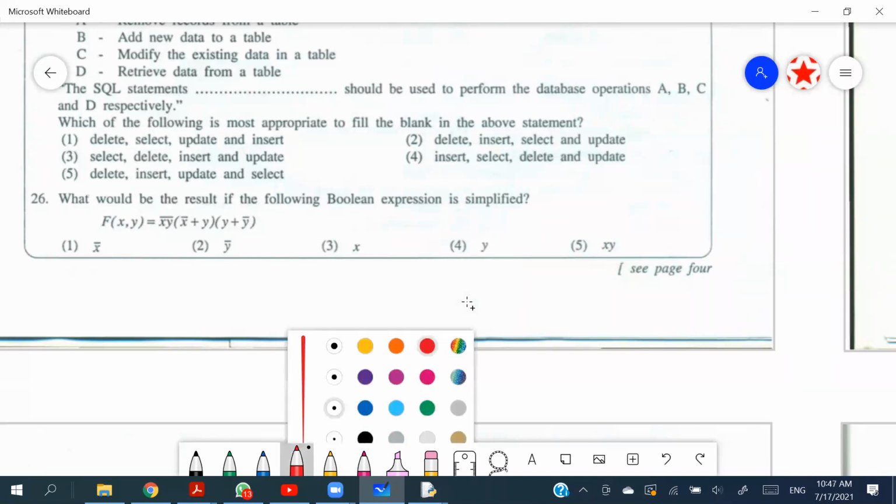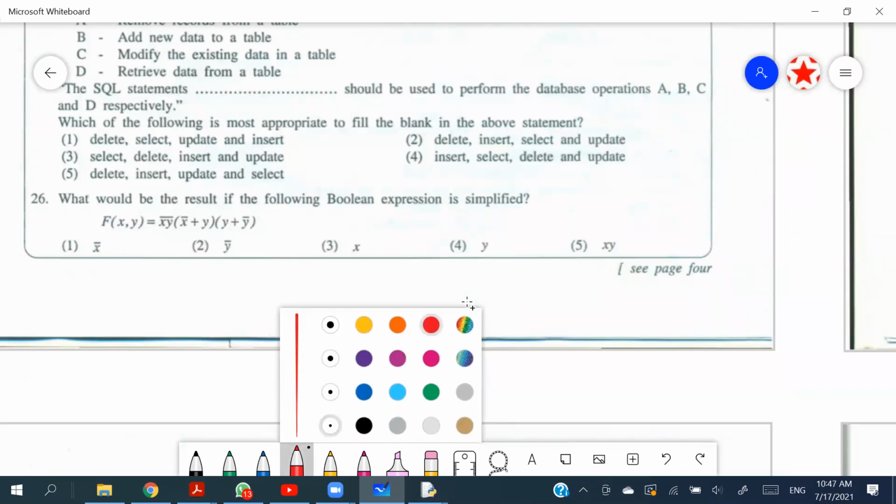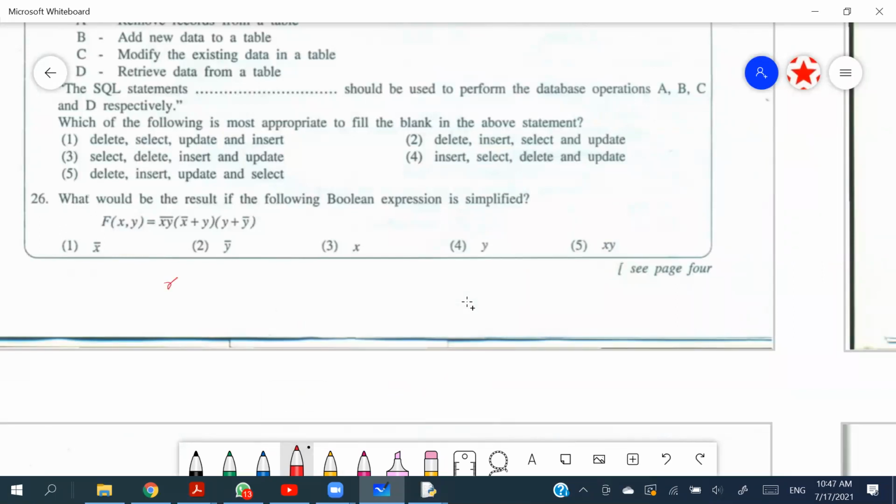You are given x dot y bar into x bar plus y, and y plus y bar, right? So that is what they have given. Definitely y plus y bar can be taken as 1, so the identity law applies.